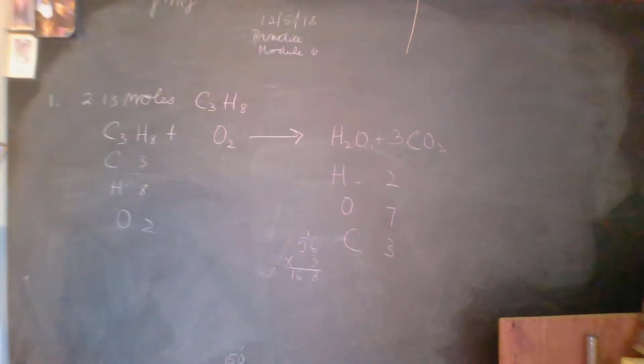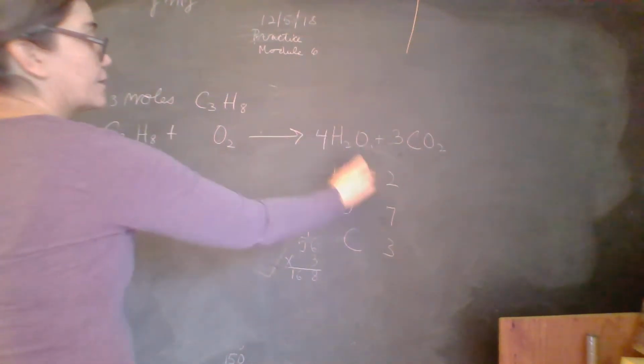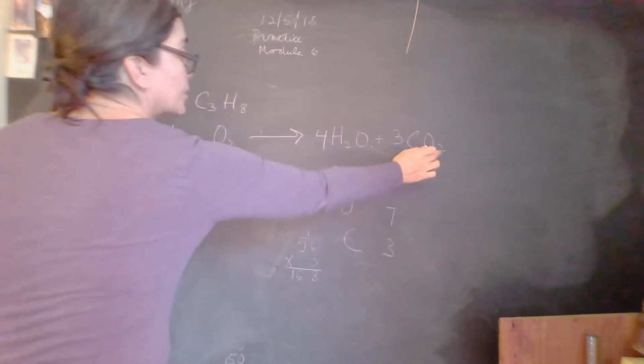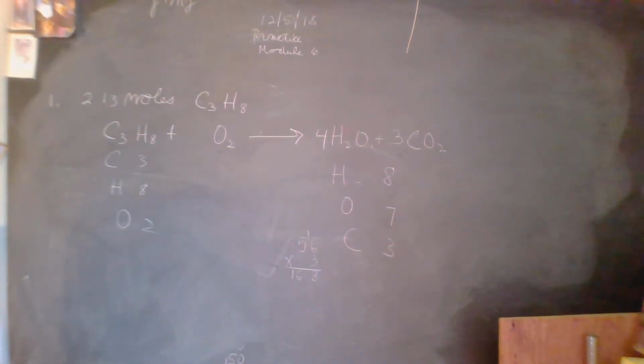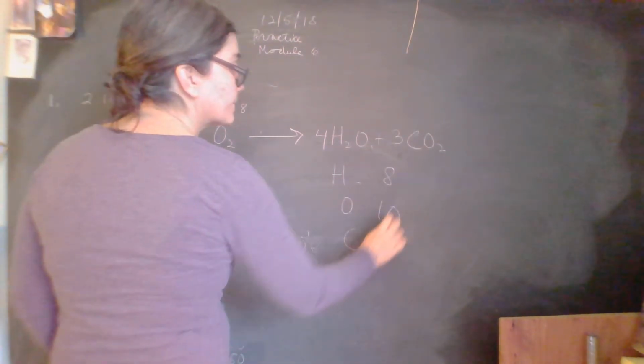Okay, so how are we going to get there? I need more of these over here. What if I make that 4? That'll make that 8, and that'll be 4 plus 6. What's 4 plus 6? 10. So then we multiply the other one by 5.